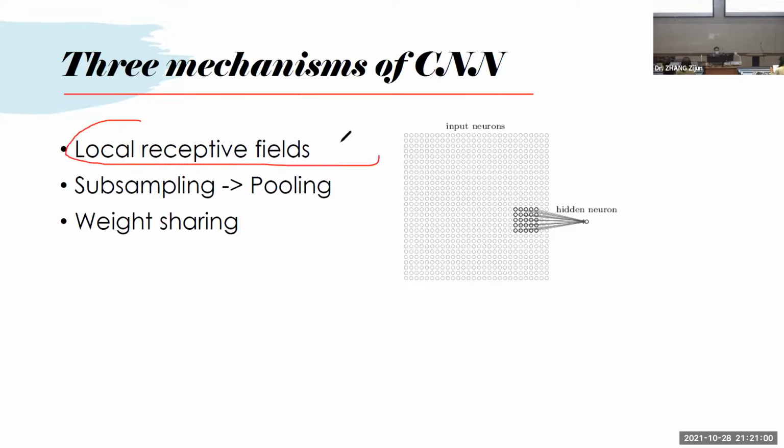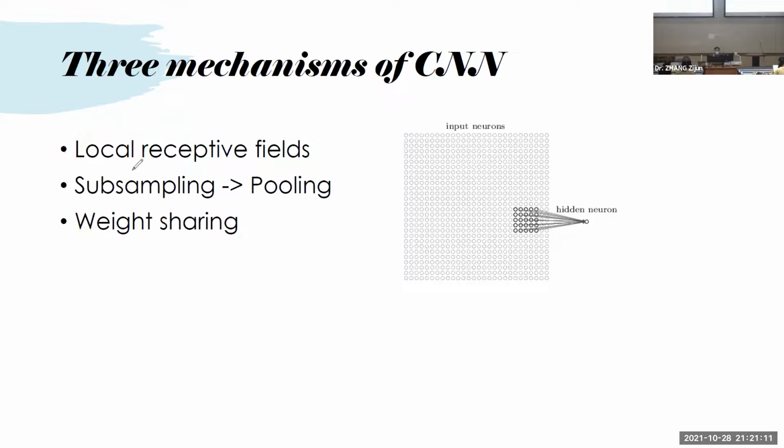First is called local receptive fields, for example 9 by 9 or 3 by 3. You determine the local receptive field you would like to compute. So a lot of tuning in CNN is tuning the kernel size. Then subsampling, which means pooling, and weight sharing. Those are the 3 key mechanisms.